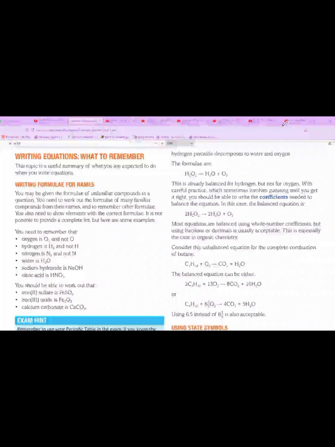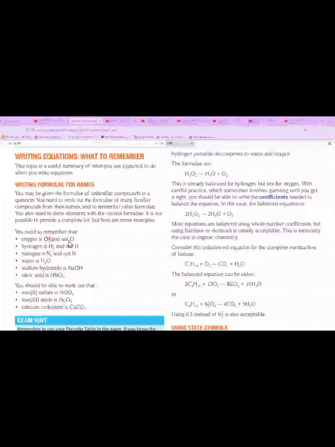That is why +1 and -1 refer to the donation and acceptance of one electron from each, and that is why they are neutral. We are not required to write any number before these, since it is one molecule. Nitric acid has the formula HNO3.